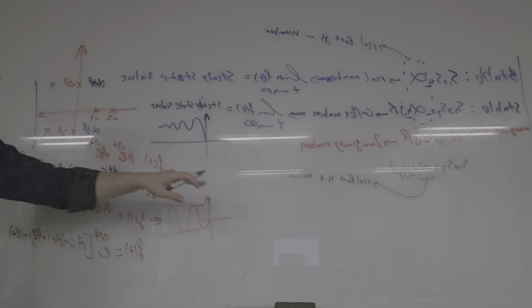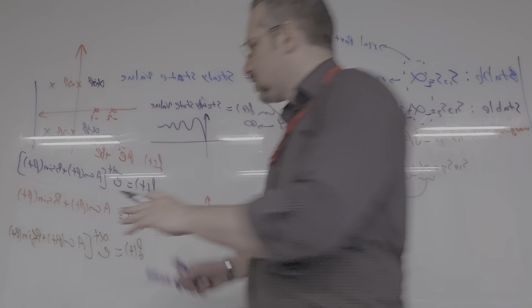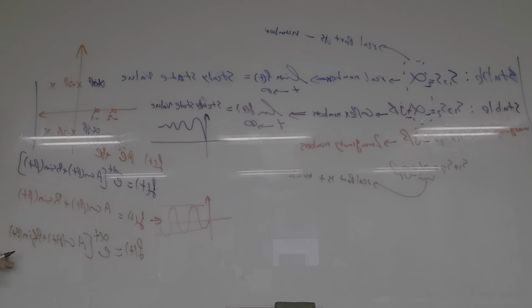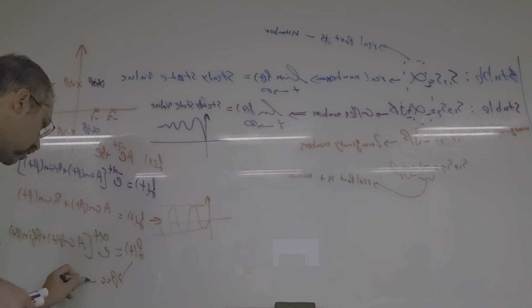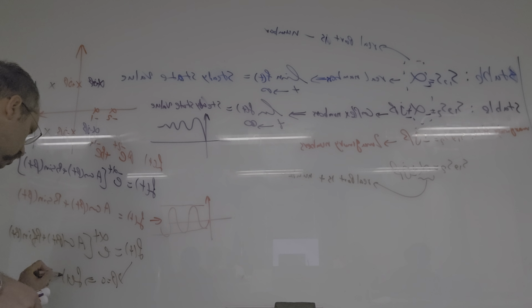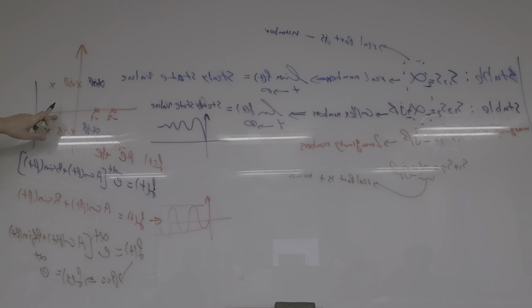Now, if beta is 0, it simply means we don't have these values. If beta in this function is equal to 0, that means f of t would be only e to the power of alpha t, because we would only have real values.